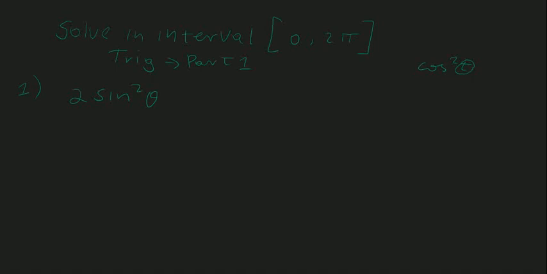So this time, let's say this is angle a, so it does not confuse you. Plus a sine. This time we don't square, we just say angle. Minus 1 equals 0.